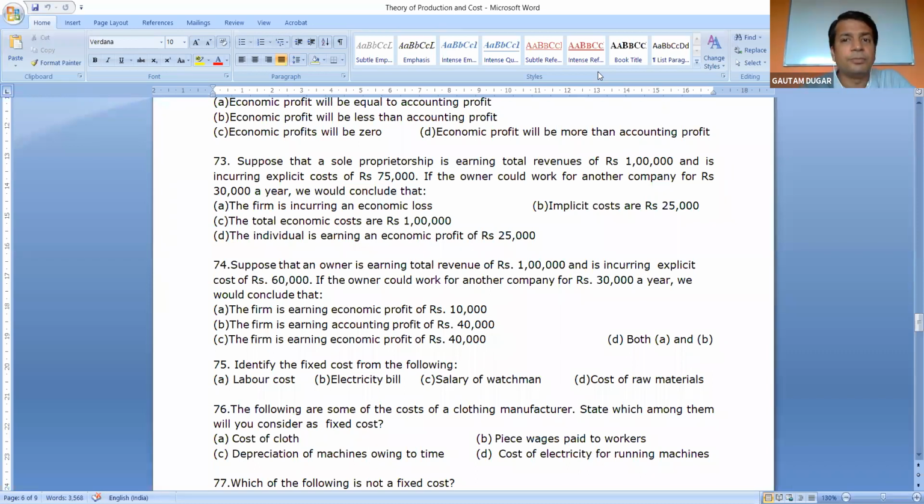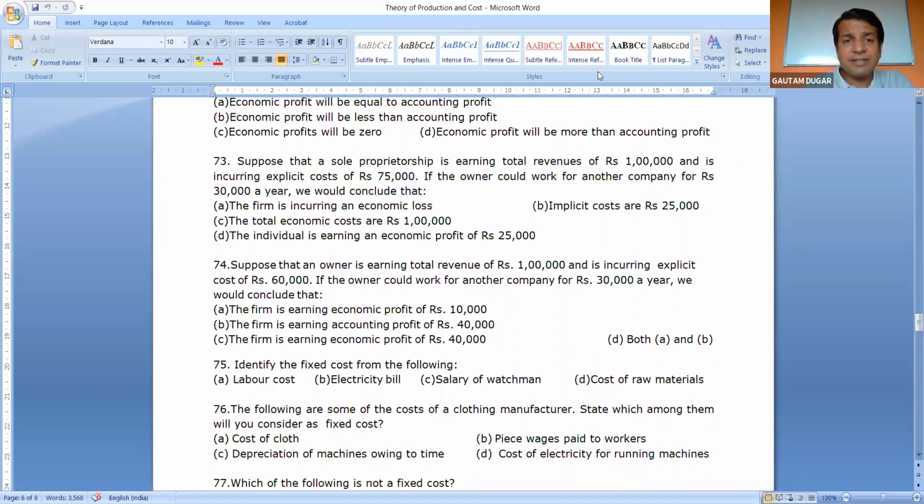But look ahead, if the owner could work for another company for rupees 30,000 a year. What is implicit cost? The cost of your own factors of production. That means your own salary, rent of your owned premises, interest on money invested by you, all this is implicit cost.